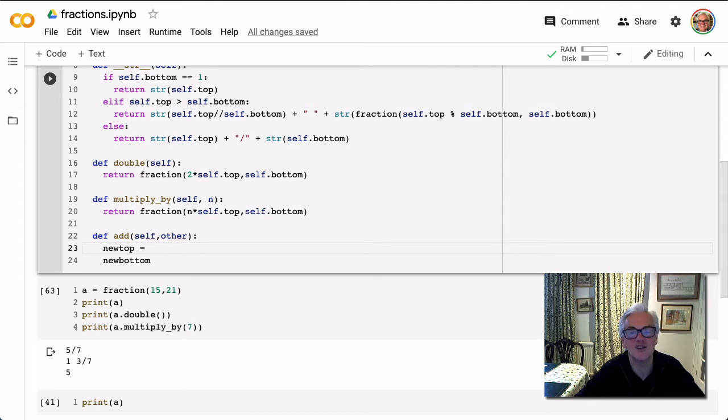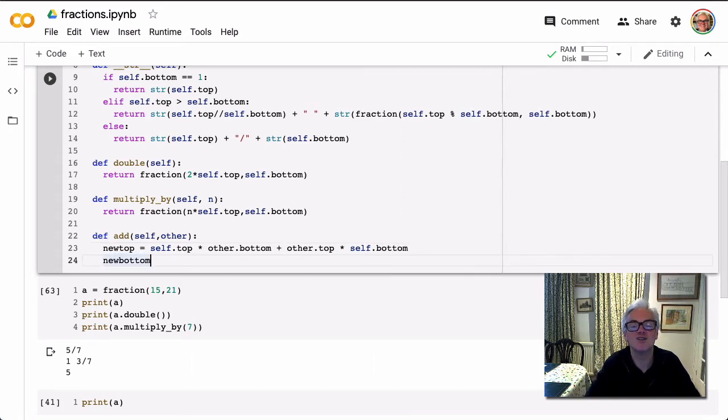I'm not sure, is that greatest common denominator on the bottom there? This comes back to me, it does. So we're doing self of the top, and we're going to times that by the other's bottom. We're then going to add on to that the other dot top times by the self's dot bottom, and that should work out the new top number.